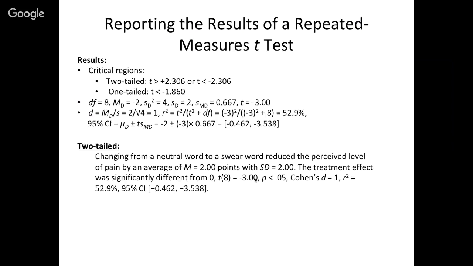Because it's located in the critical region, and the probability of a value located in the critical region is 5%, the proportion on the left-hand side below this t value is lower than 5%. So here we report it as p smaller than 0.05.